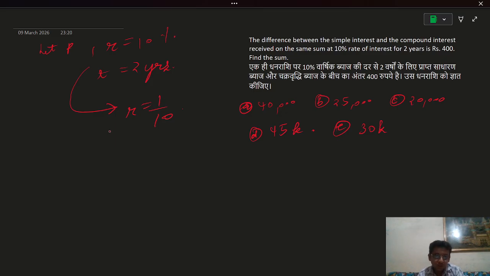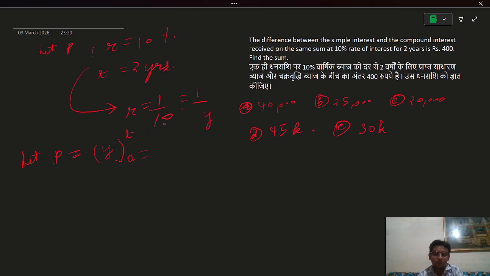So generally it is assumed, let's assume the principal to be y to the power of time, multiplying it with a variable, let's say a.